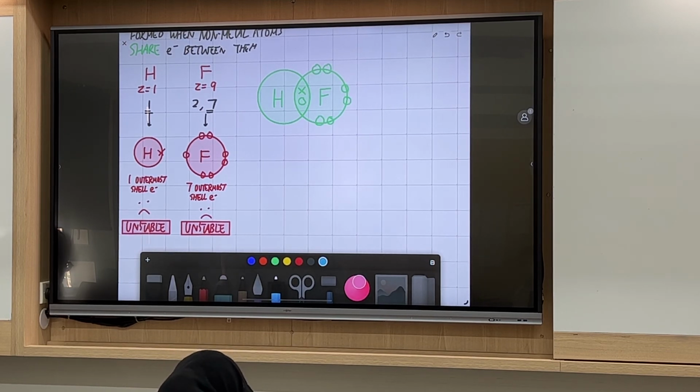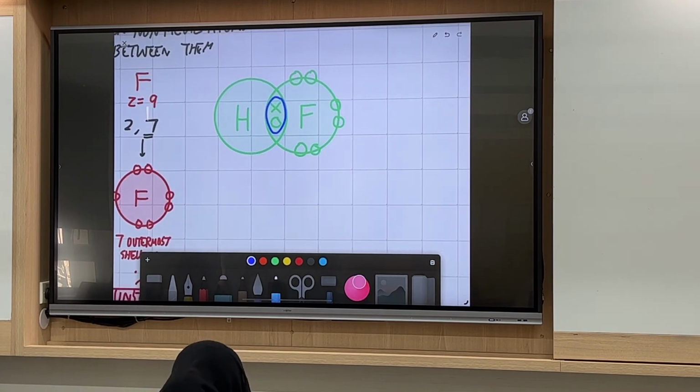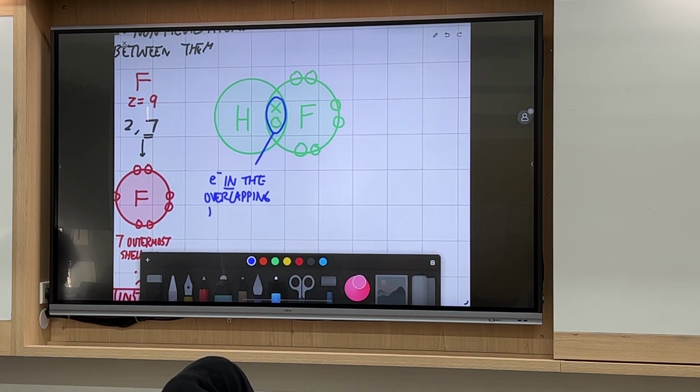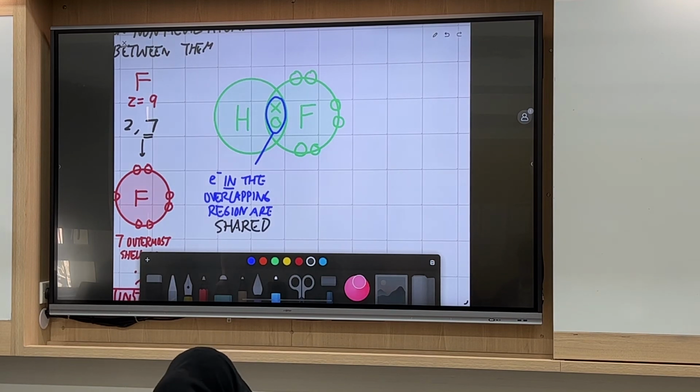Okay, so can you put this really, really important thing down? What is the difference between the electrons that we put in the overlapping regions and outside the overlapping region? So electrons in the overlapping region means they are shared. Electrons outside the overlapping regions are not shared.